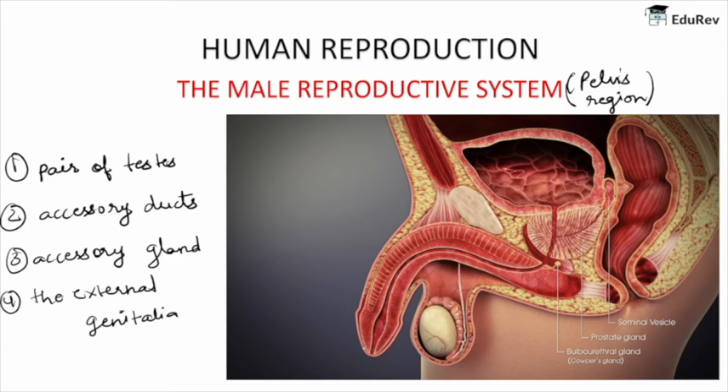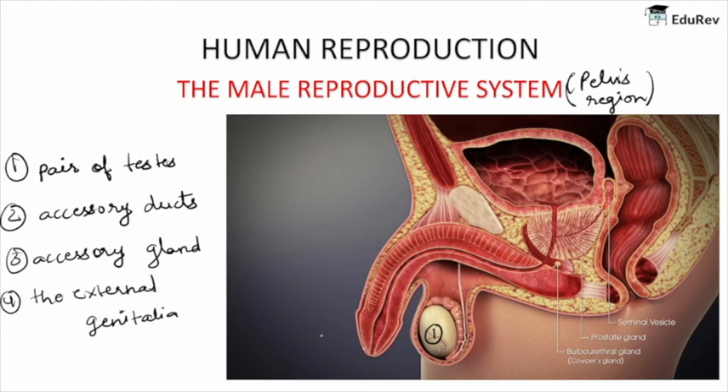I will first mark the pair of testes. So the oval shaped structure you see here, where I am marking number 1, are the pair of testes. Obviously you can't see the other testis which is present on the side of this testis. So there are 2 testes present inside the human male body. And next one is the accessory ducts.